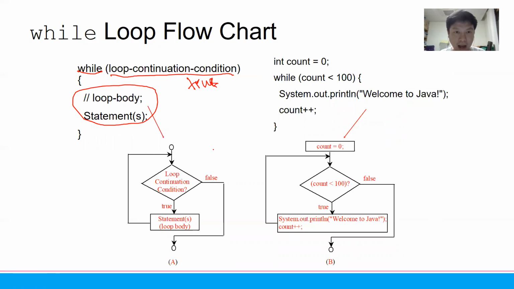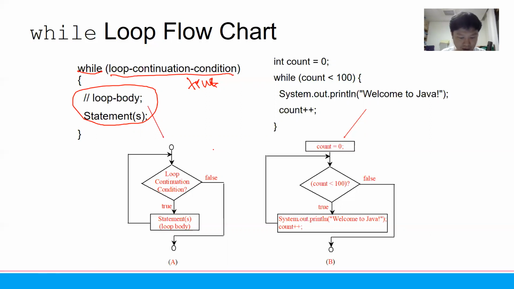This diamond symbol represents the condition. As we learned about conditions, the diamond symbol represents the condition being true or false. If the condition is true, then you will do something. If your condition is false, then you will do another thing.